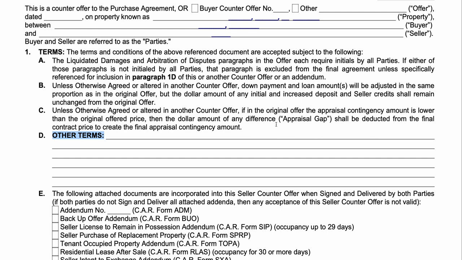Okay. Here's my advice. In most cases, this will have no bearing on the transaction. Now, in the case that the appraisal contingency amount and the sales price don't match, okay? Just hear me out. This is the advice I'm giving on what you can do to remedy having potentially problematic verbiage, this mess in here.